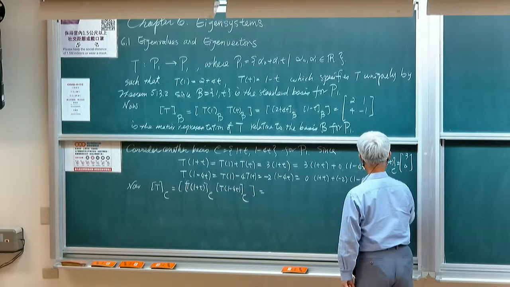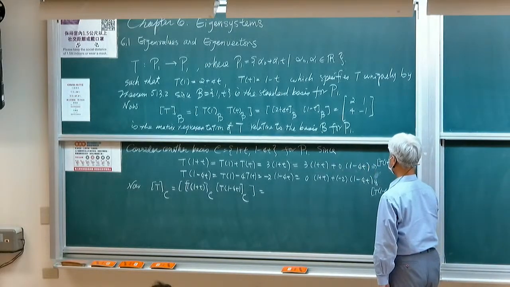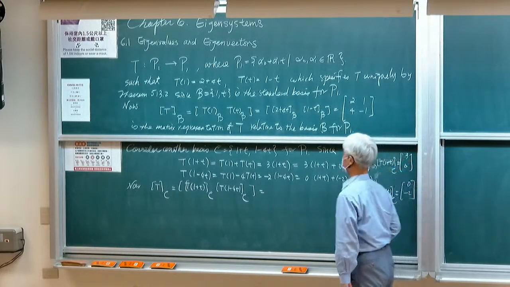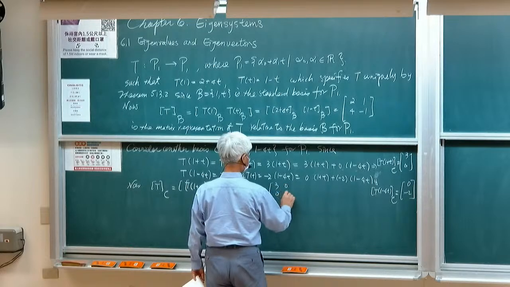And this implies that it's equal to 0, minus 2. So we have 3, 0, 0, minus 2.